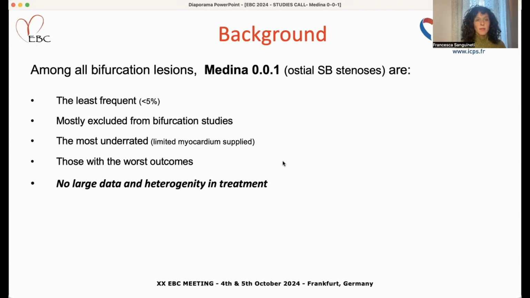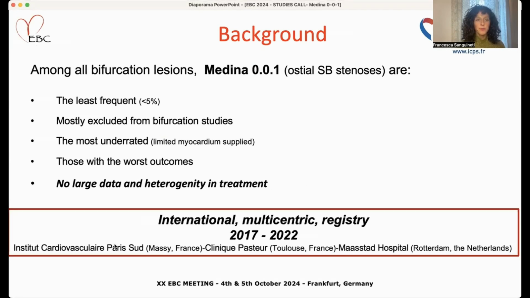There is at this time no registry dedicated for this kind of bifurcation. So the idea was to build an international and multicentric registry, with patients included retrospectively from 2017 to 2022.